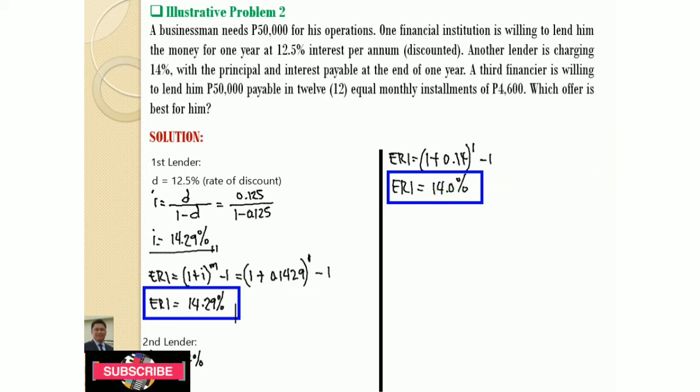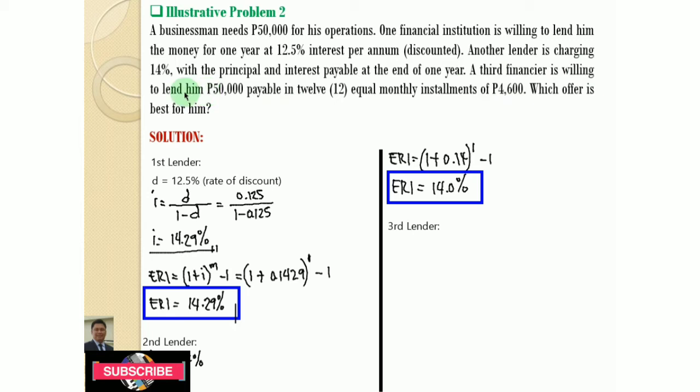And for our third lender, based on this third financier, he is willing to lend him 50,000 pesos, payable in 12 equal monthly installments. So these equal monthly installments refer to this annuity of 4,600 pesos.